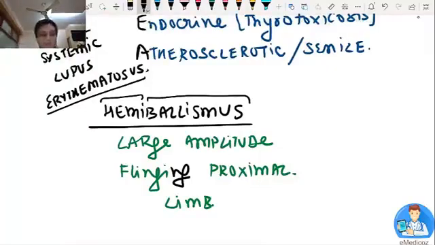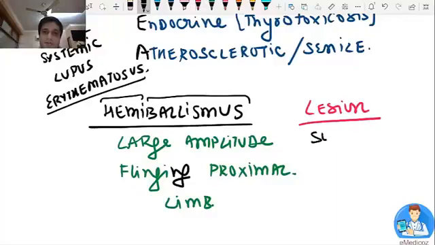We might see patients of athetosis, that's a crawling movement, and chorea, that is dancing, and all these movements usually happen on both sides. They are bilaterally presented in the patient, while hemiballismus happens only on one side.